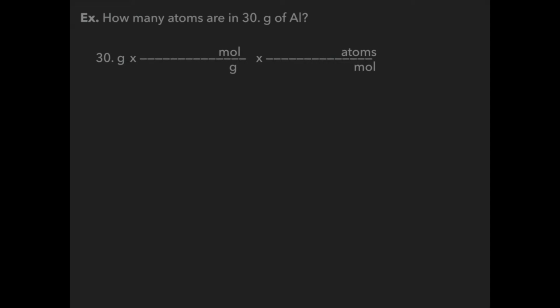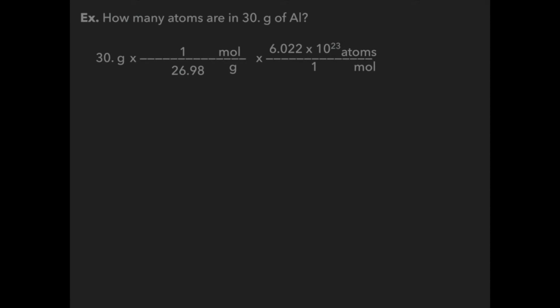Now, to go from grams to moles or moles to grams, I have to use my molar mass. The molar mass of aluminum I know, so I can plug that in: for every 1 mole, I have 26.98 grams. For atoms and moles, that relationship is Avogadro's number, so I'm going to put 6.022 times 10 to the 23rd atoms over 1 mole.